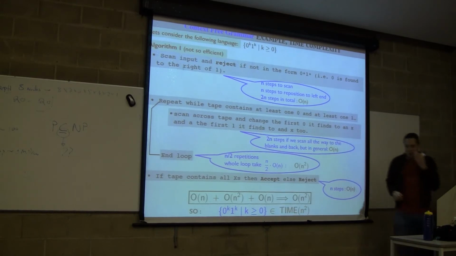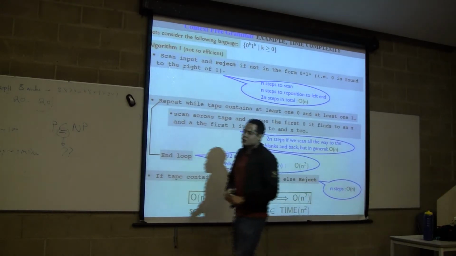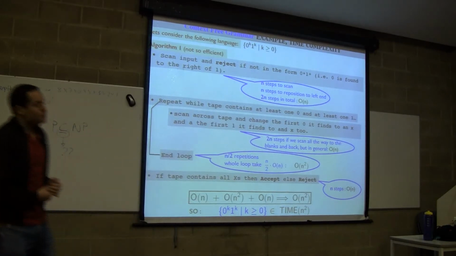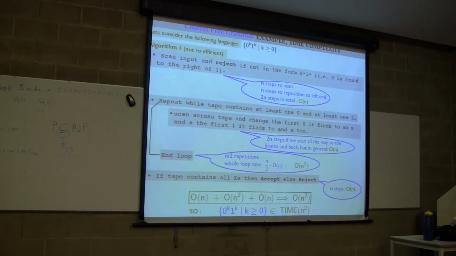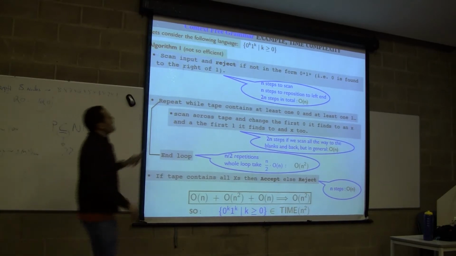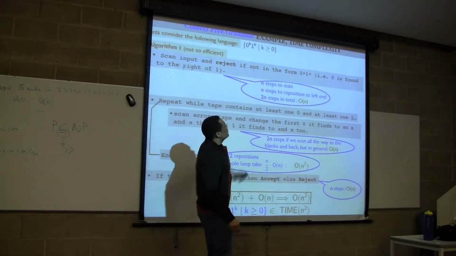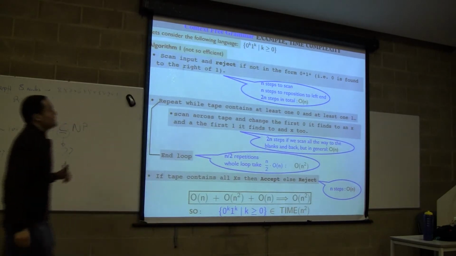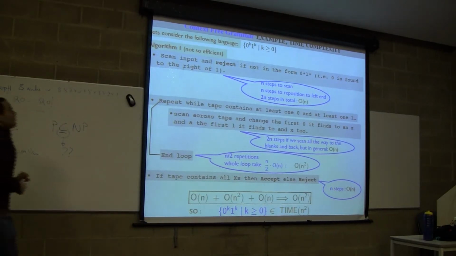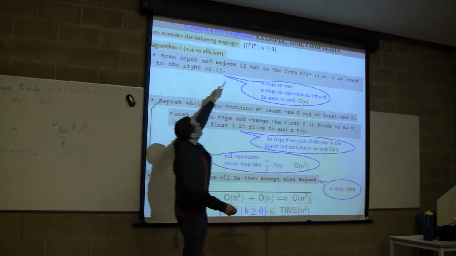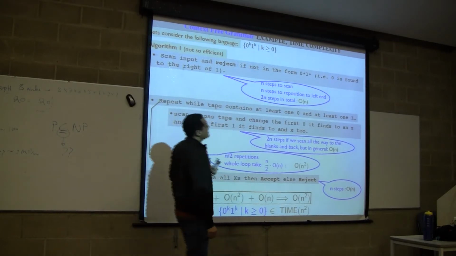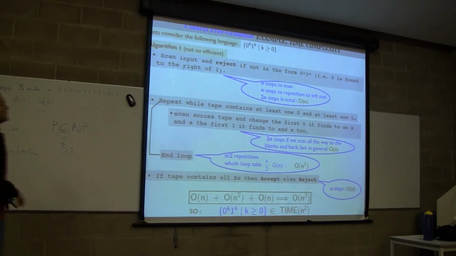So let's look at one example of a context-free language, and let's try to quantify the time taken by this algorithm. You've seen this with Giovanni a number of times. The language that has strings with an equal number of zeros followed by an equal number of ones.